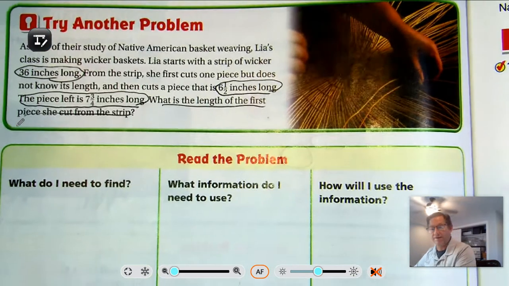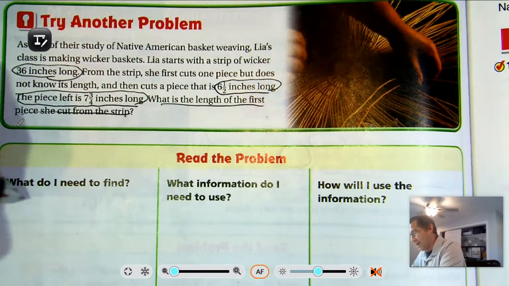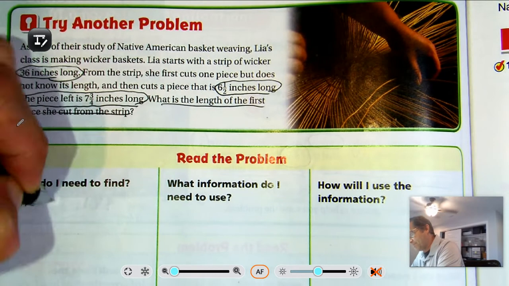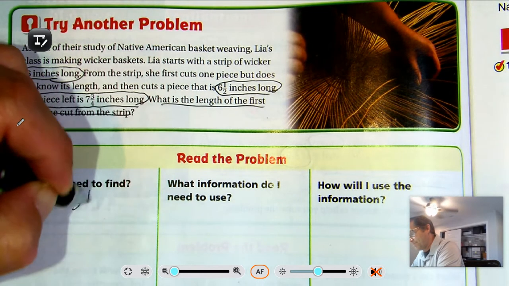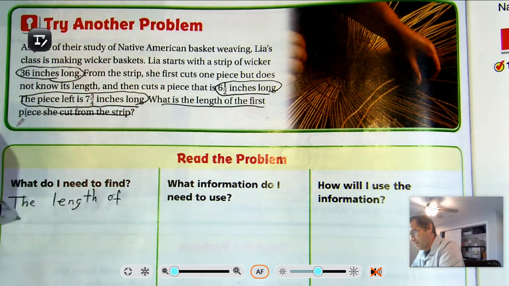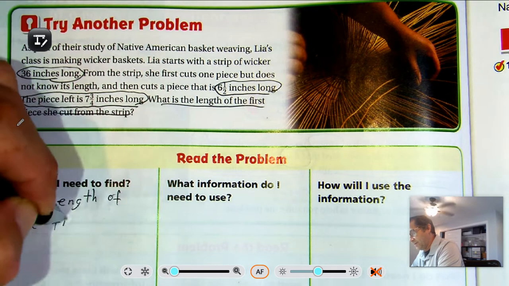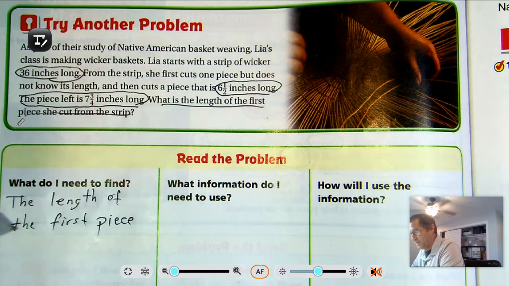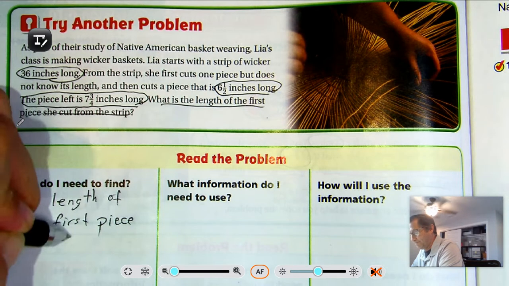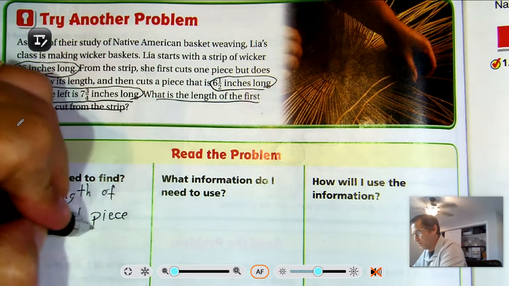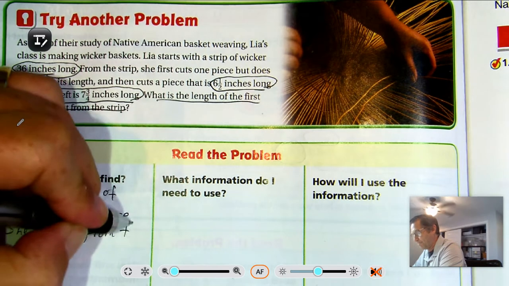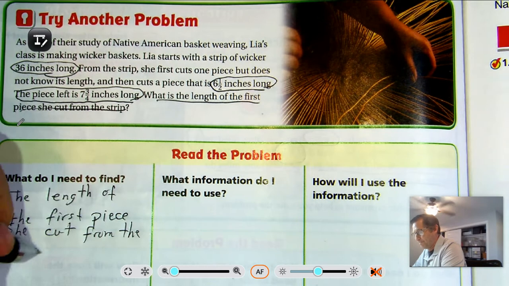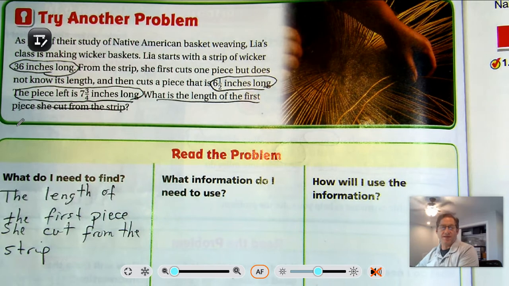All right, so what do we need to find out? We need to find out the length of the first piece she cut from the strip. What information do I need to know?